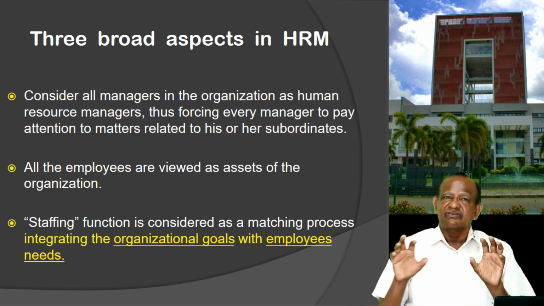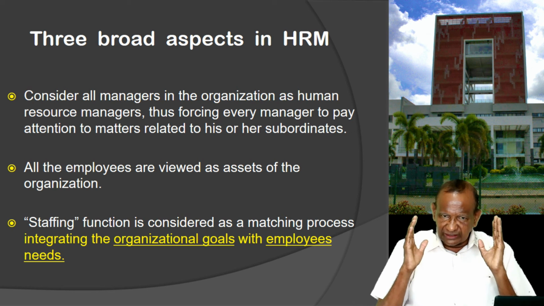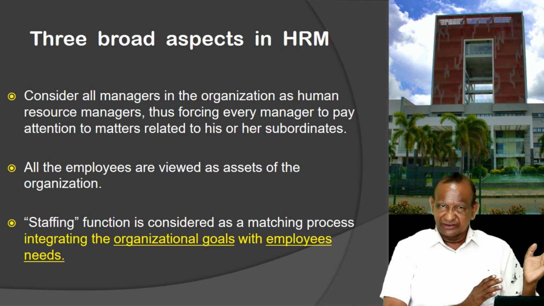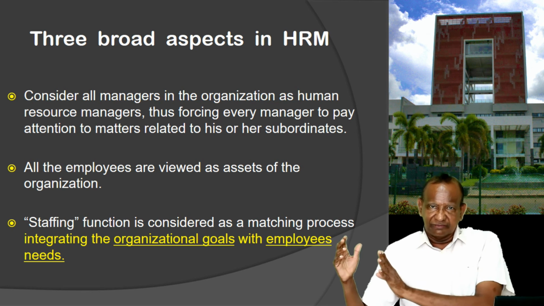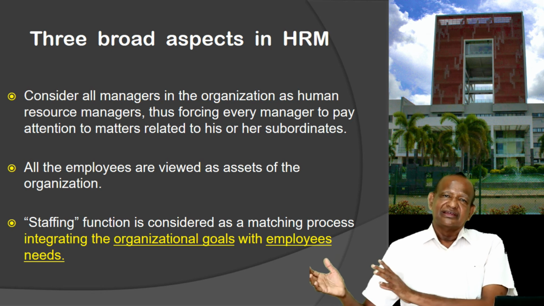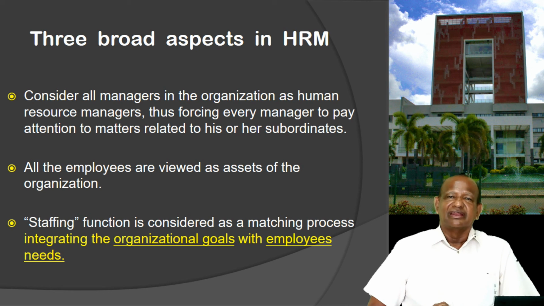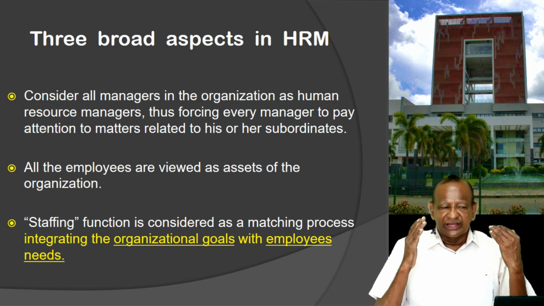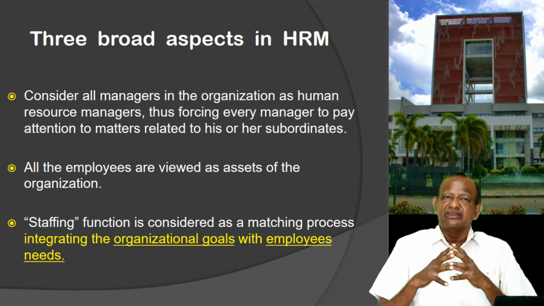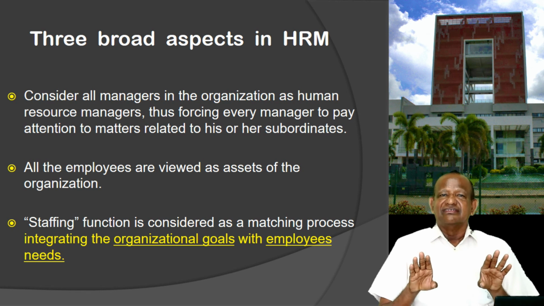So there are two different aspects. The human resources are recruited from the company side to get the work done. From the employee side, or the worker side, it is to work for somebody and get some money for his work. So staffing, or the recruitment and keeping people in your organization, that function is called the matching of the needs.